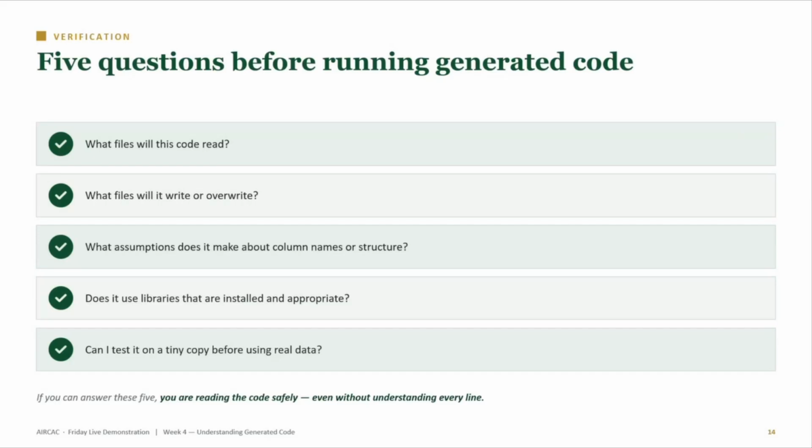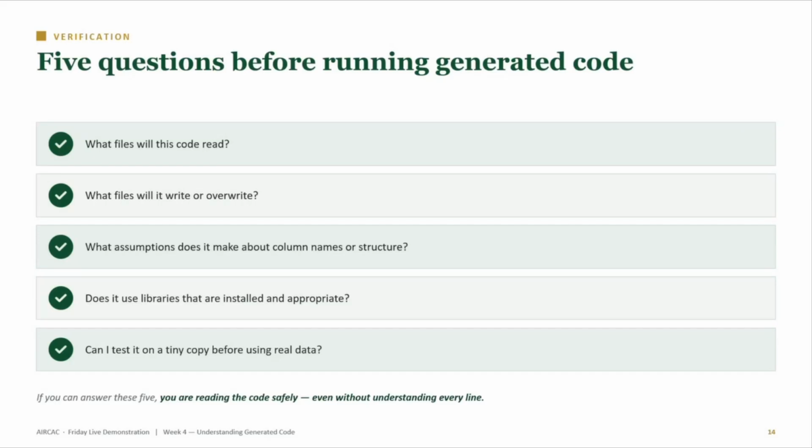Also, what assumptions does it make about the column names and the structure? It's important to understand what assumptions I need to have about the column names and the structure.